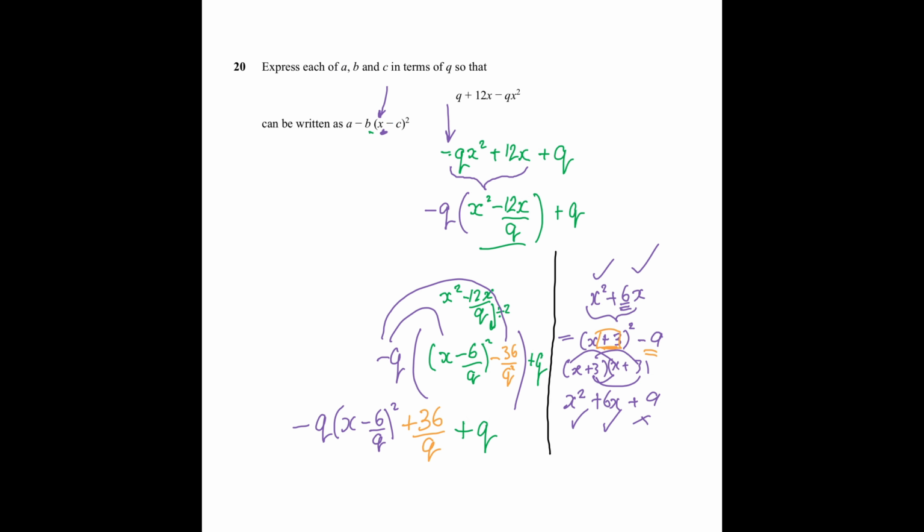I think I made a mistake by factorizing, because if I multiply this bracket out, I wouldn't get 12x, would I? So this is a real head scratcher. What have I done wrong? So I factorized out the q.